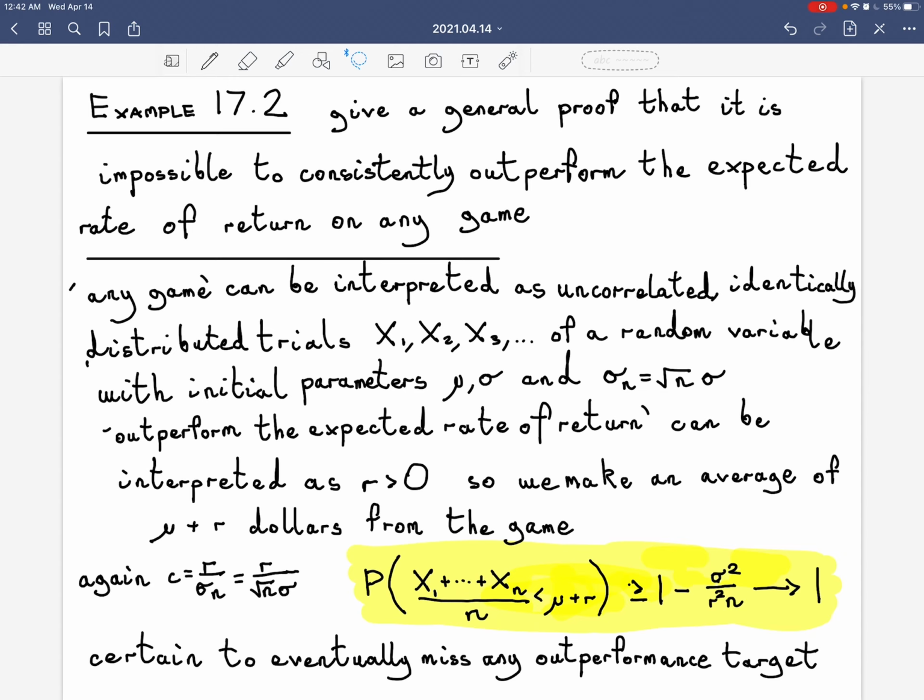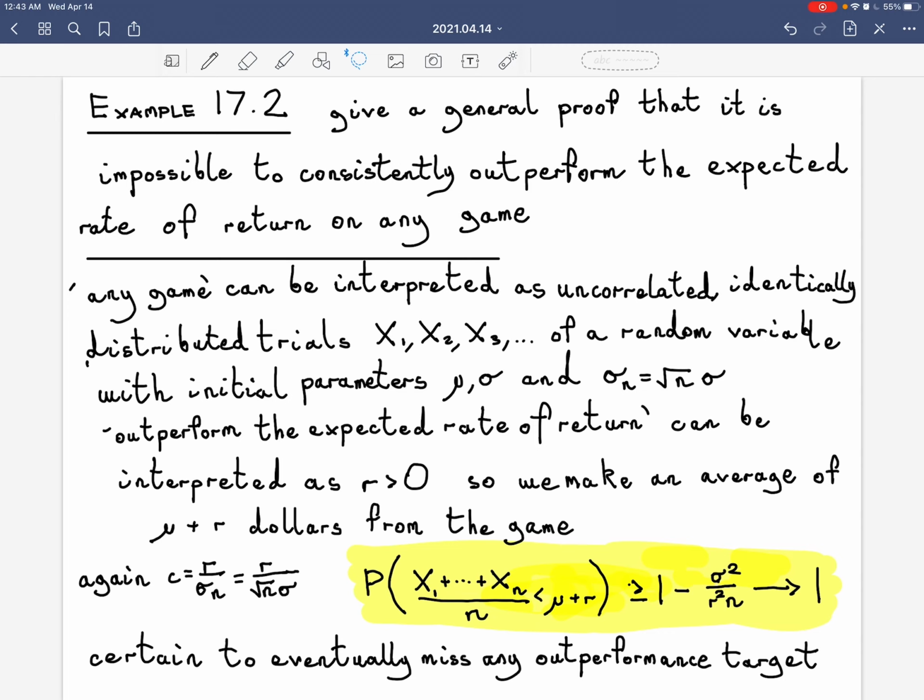And so we choose the constant to give us the probability of the average exceeding the mean plus the rate of return. And we get the same mathematical conclusion that because it's only a square root of n, it doesn't cancel out the n squared in Chebychev's inequality, and this thing converges to 1.